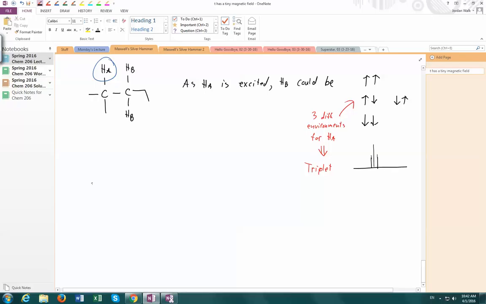All right, so let's remind ourselves what Pascal's triangle is. So let's just say the peak intensity matches Pascal's triangle. So what that means is that at the top of the triangle, we've just got our singlet, right? And so we can just call that the number 1.